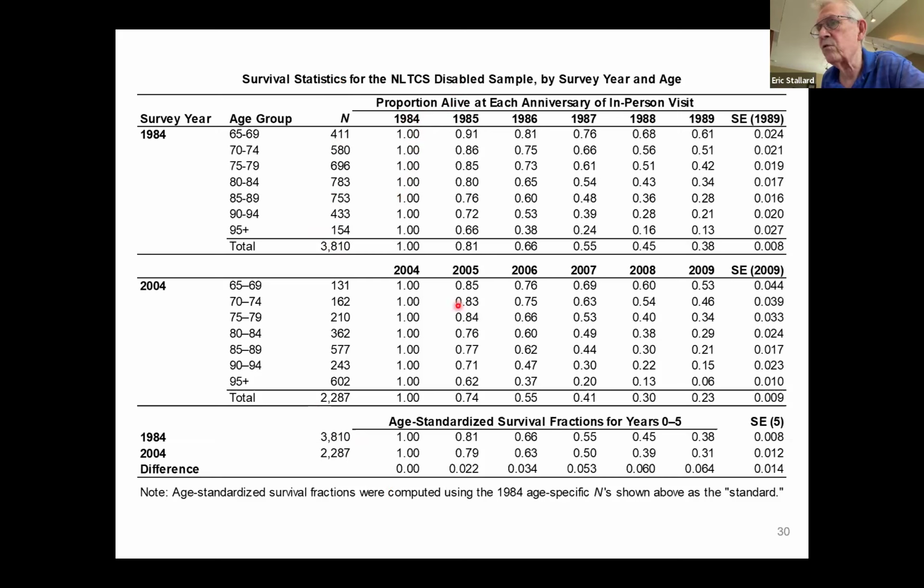I took 1984 and 2004 as the baseline for this computation, and went 5 years out to 1989, or from 2004 to 2009. This is a good example of using Medicare vital statistics data. I took the disabled population in 1984 as a standard population and computed age-standardized survival. In 1984, the survival fraction was 38%, and that dropped to 31% in 2004.